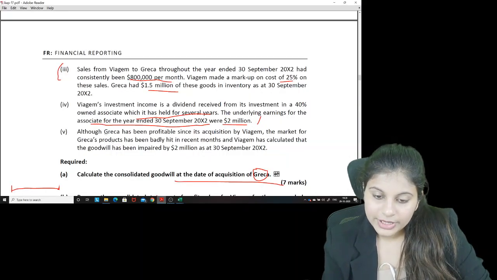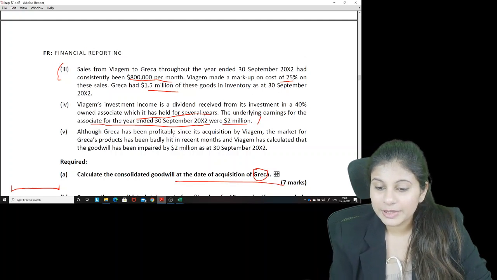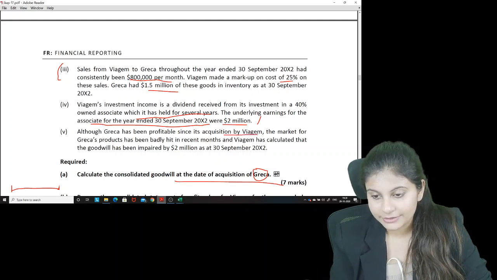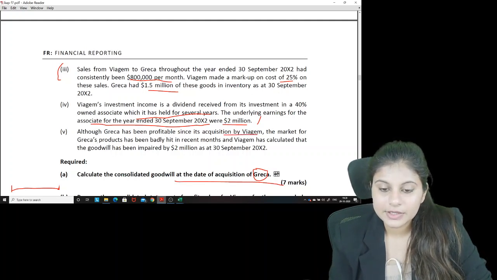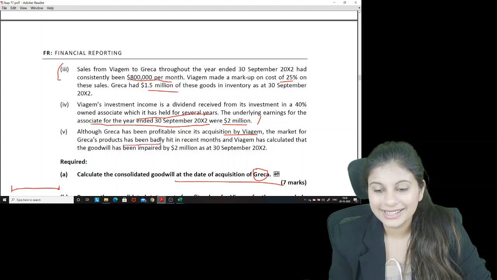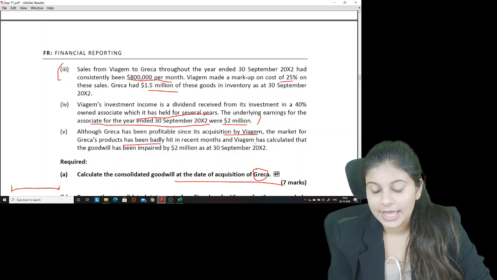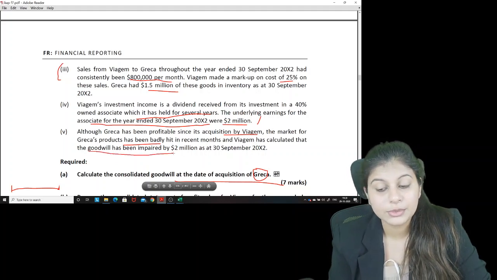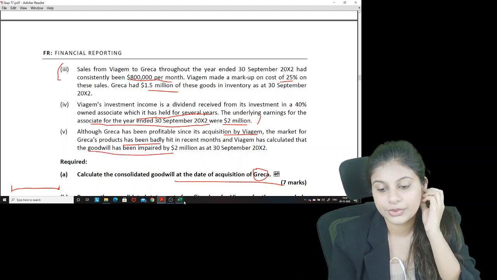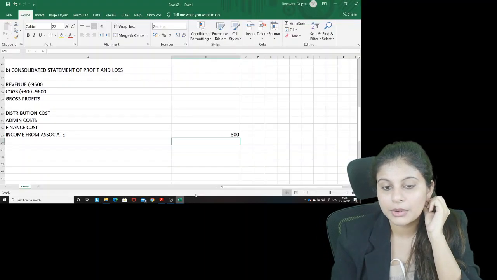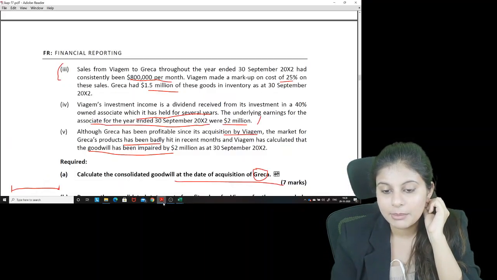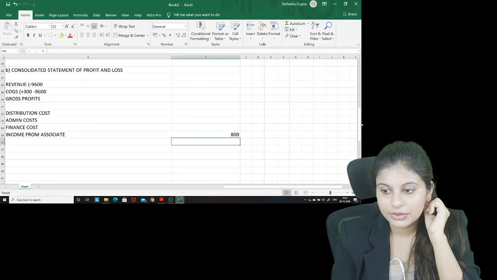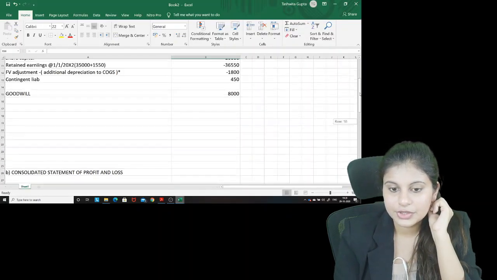Now, although Gresa has been profitable since its acquisition by V, the market for Gresa's product has been badly hit in the recent months, and V has calculated that the goodwill has been impaired by 2 million as at 30 September 2002. So we can go back to our goodwill calculation and impair the goodwill by 2 million. So let's move to our first requirement here.